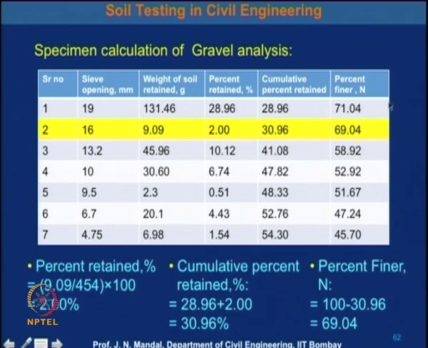Then you have to calculate the percentage final N. So, percentage final N will be 100 minus 30.96, which will give 69.04%. So, this is the percentage final for the gravel analysis.